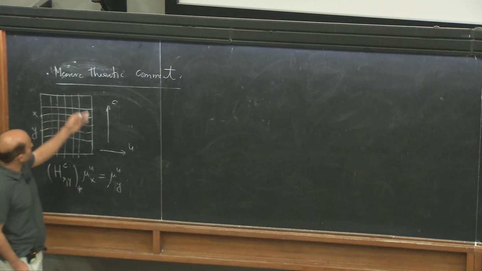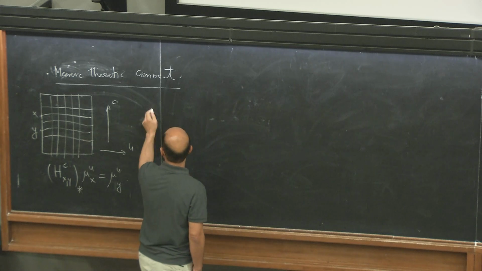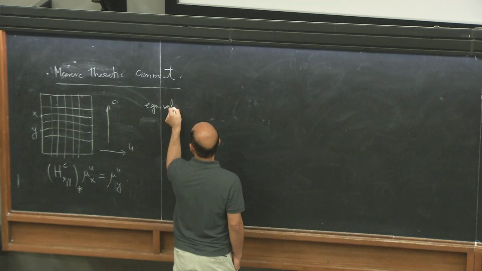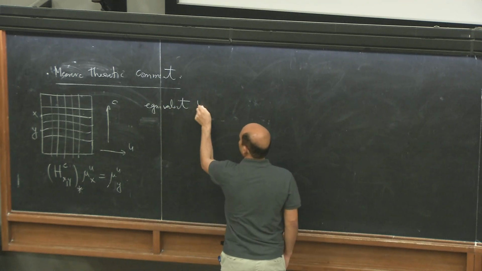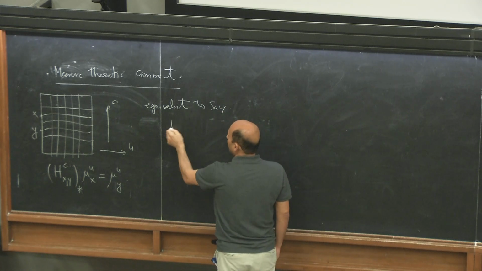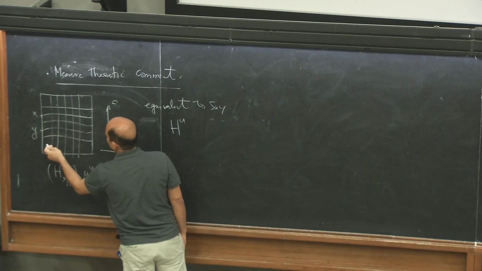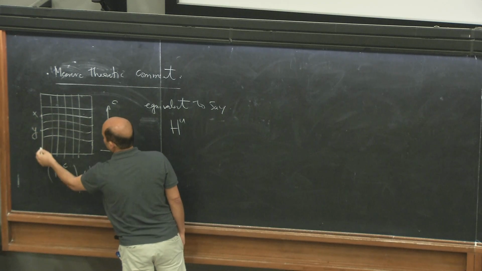A measure theoretic comment is that this is equivalent to saying that the measure is a product. Consider the unstable holonomy from a point x to z.